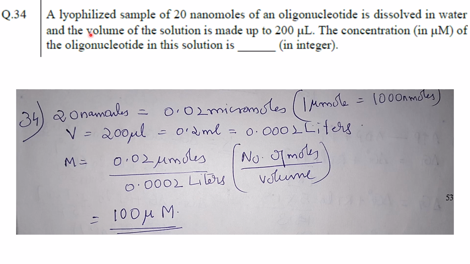Then next one. A lyophilized sample of 20 nanomoles of an oligonucleotide is dissolved in water and the volume of the solution is made up to 200 microliters. The concentration in micromolar of the oligonucleotide in this solution is.